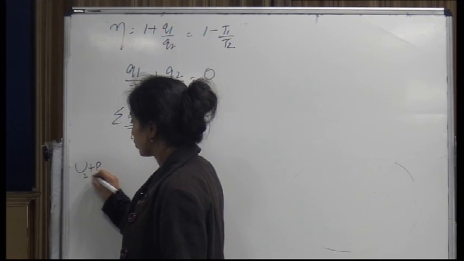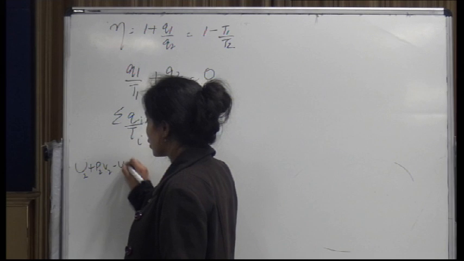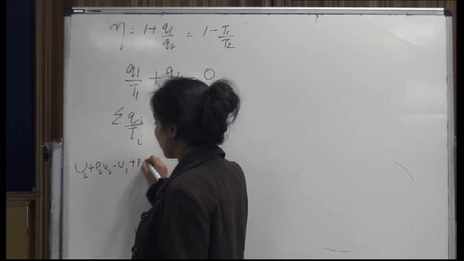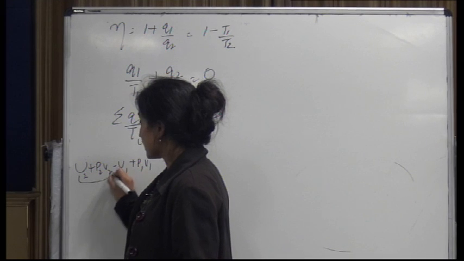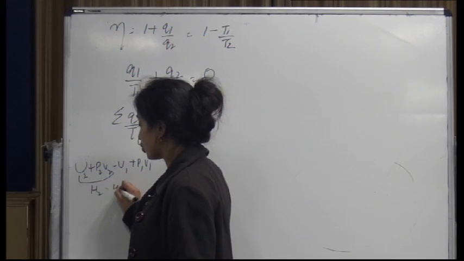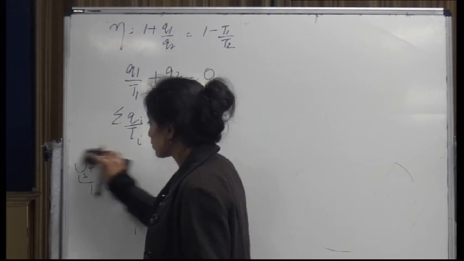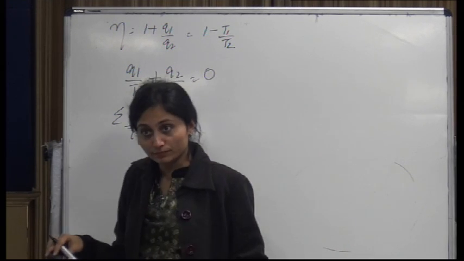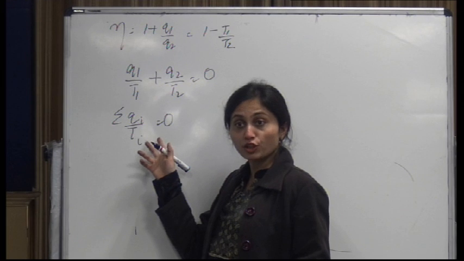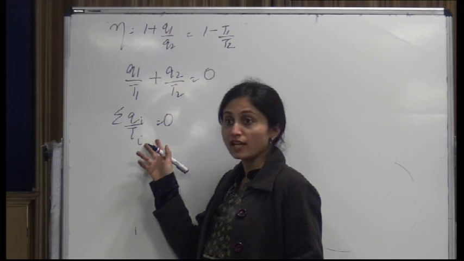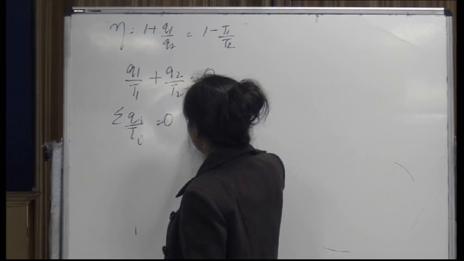We got U2 plus P2V2 minus U1 plus P1V1. This was another state function, and we stated that this can be taken as H. So here we defined a new state function, enthalpy. Similarly, now there arose a need for a new function to be defined, which we called entropy.